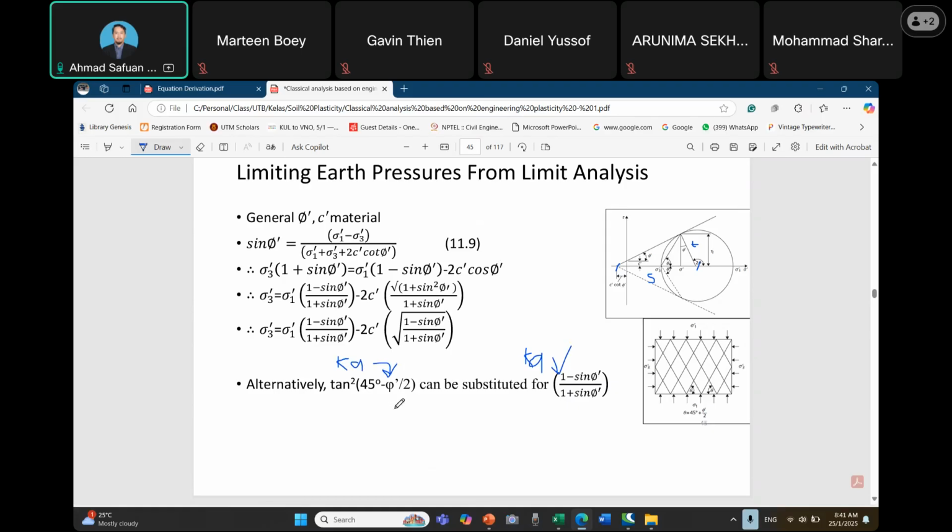So this is how the value comes, to represent 45 plus or minus phi over 2.